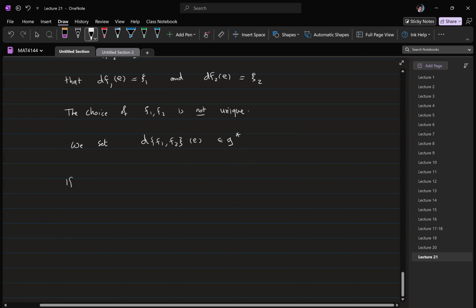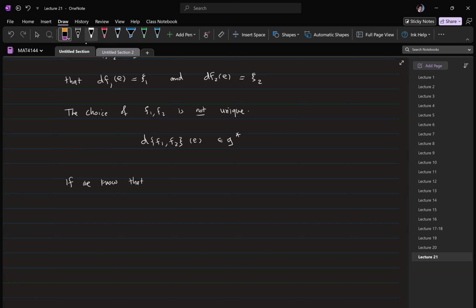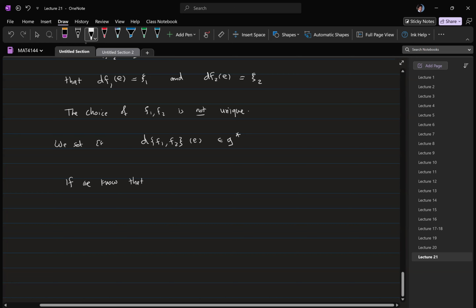So maybe I should write here, we set the bracket of C1, C2 defined to be this.